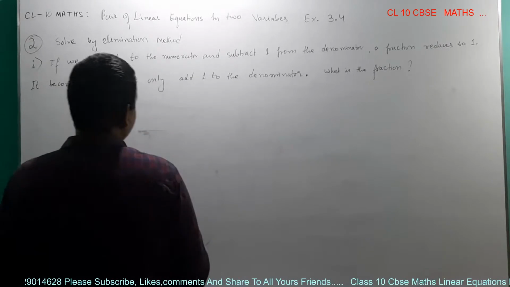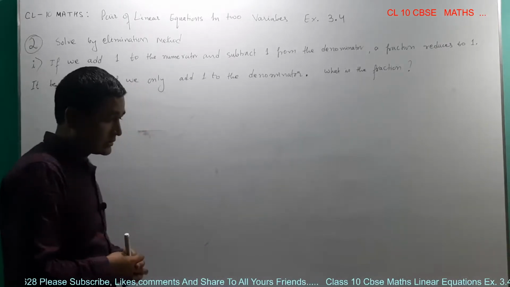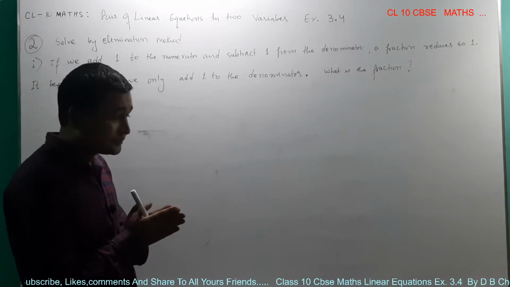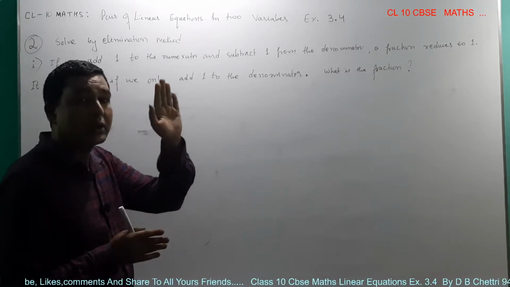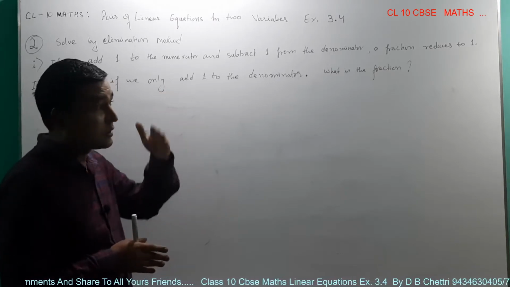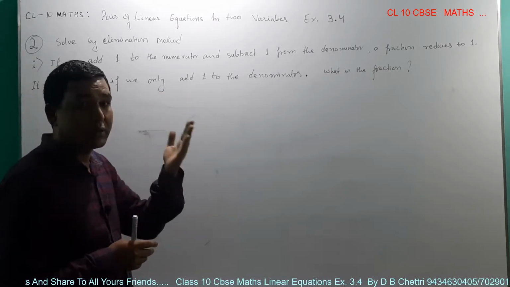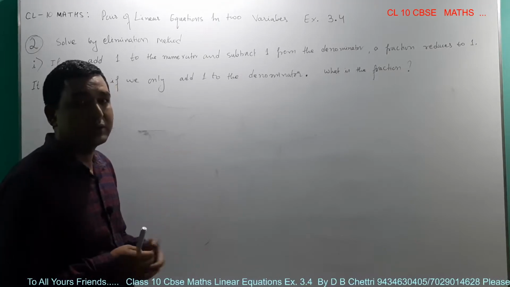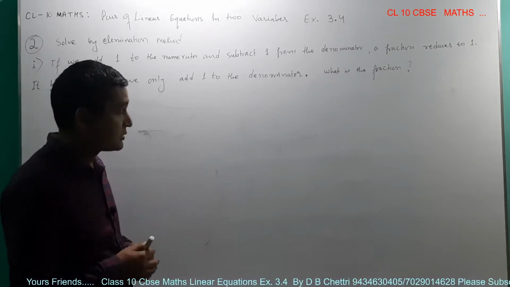Okay, these fractions we already learned in exercise 3.3. Fractions mean numbers that contain a denominator and a numerator. The number written at the top is called the numerator, and the number at the bottom is called the denominator.